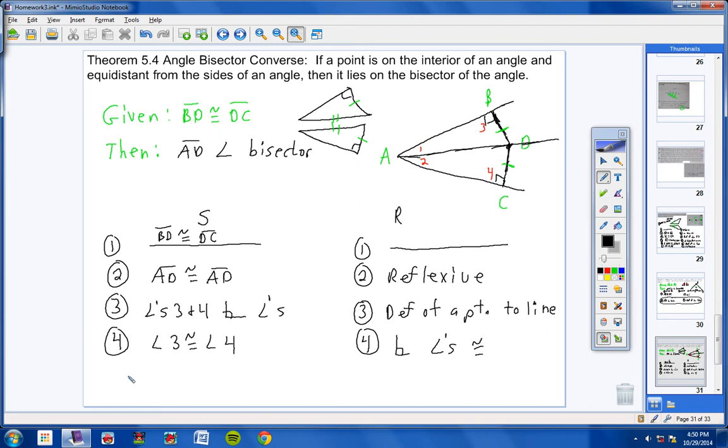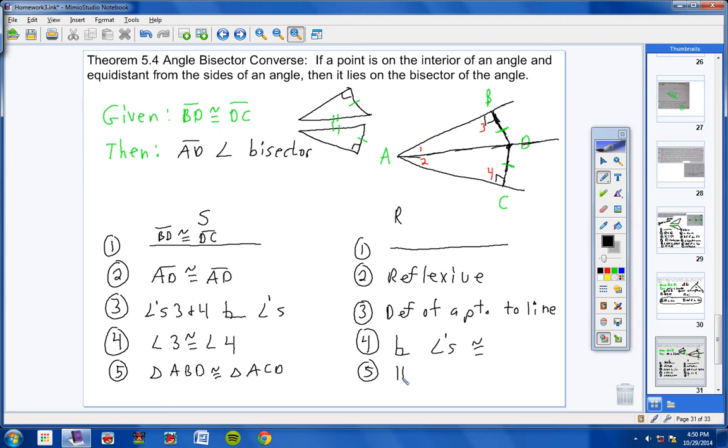I can now easily state that triangle ABD is congruent to triangle ACD. Because look, guys, once again, I have a right triangle, a hypotenuse congruent to a hypotenuse, a leg congruent to a leg.